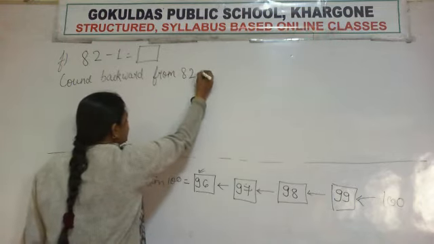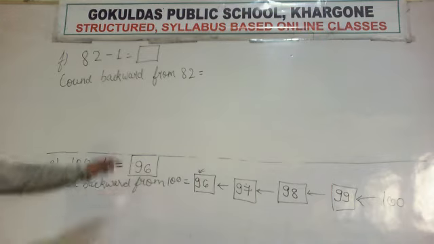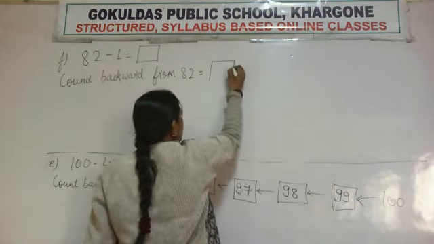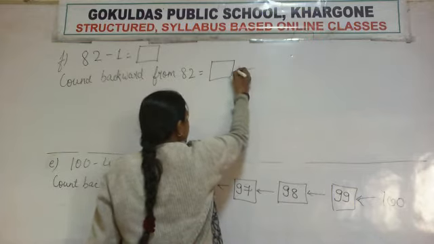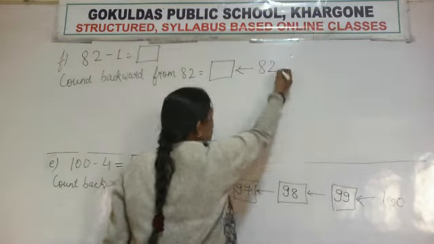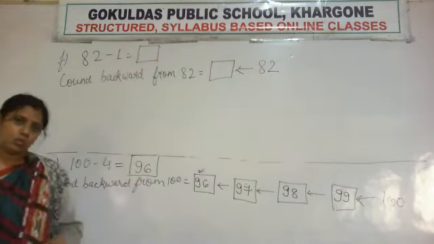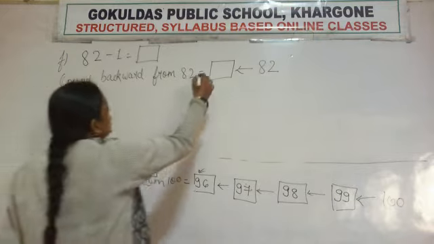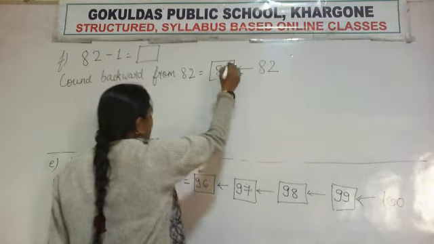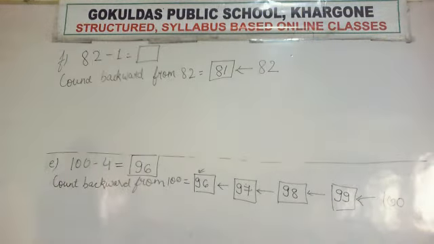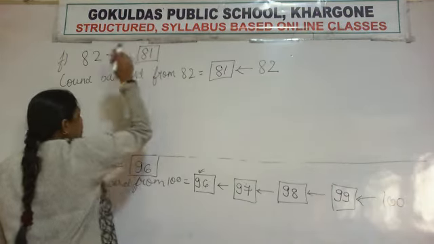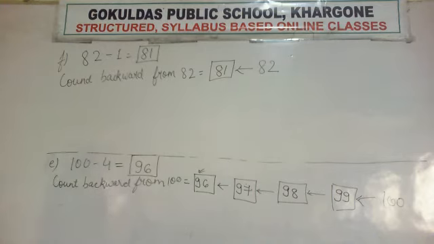So how many numbers do you have to count backward? Only one number, because here 1 is written. So make only one box and write here 82. So the number before 82 is 81. So write here 81. So the answer of 82 minus 1 will be 81. Do it. Write fast.